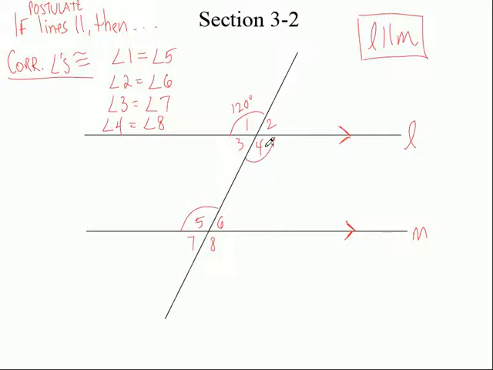What else do you think you could say is equal? 5 is equal to what? 8. 5 is equal to 8 because of vertical angles. And 4 is also equal to 8, isn't it? Why is 4 equal to 8? Because of what reason, though? Because of corresponding angles. Right, because they are corresponding angles. And what's true about corresponding angles?